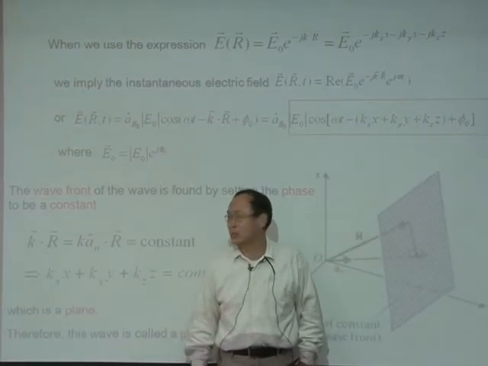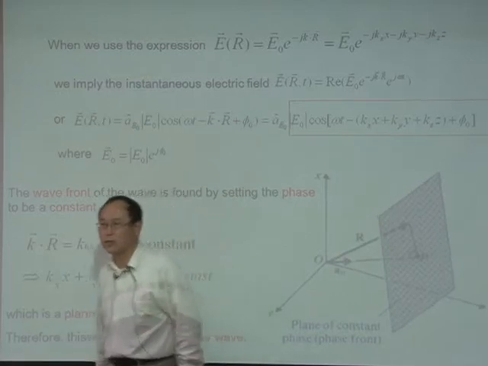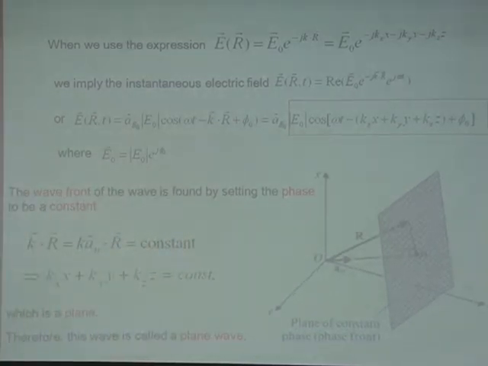That k dot r is a constant on a plane is something you learned in middle school and high school, right? So we call this a plane wave. When we say it's a plane wave, we say the constant phase surface is a plane. When you say that it's a spherical wave, it means that the constant phase surface is a spherical shape.